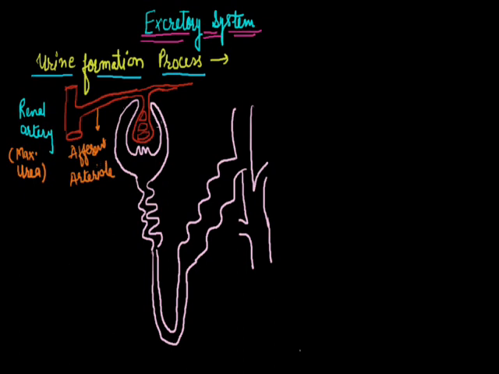It gets further branched when it enters the Bowman capsule and this branching is known as glomerulus. Now this glomerulus and Bowman capsule are commonly termed as Malpighian body or renal corpuscle. This is the Malpighian body or renal corpuscle.